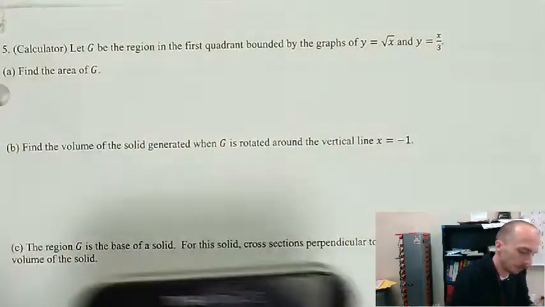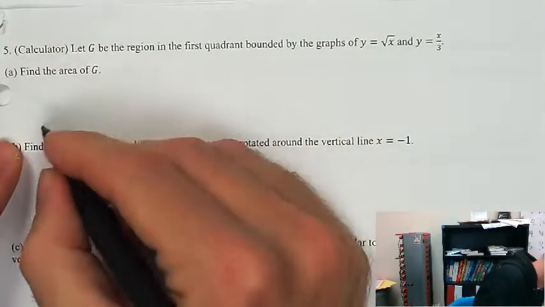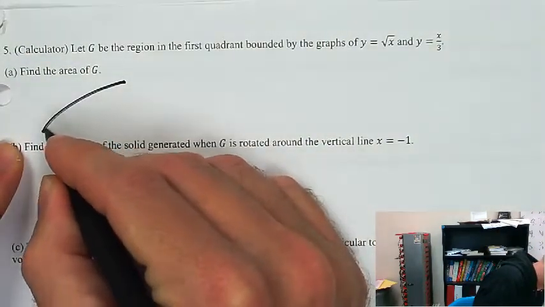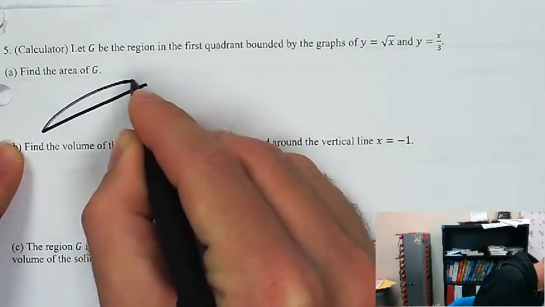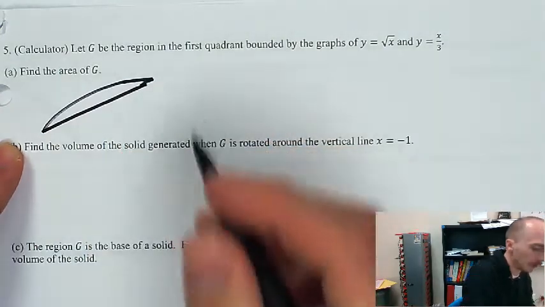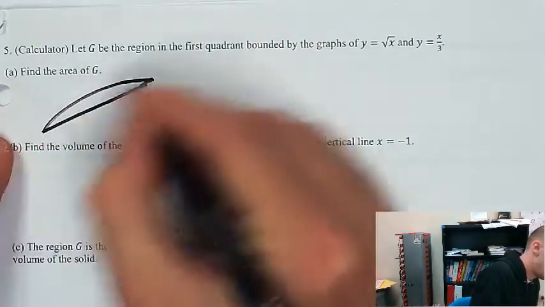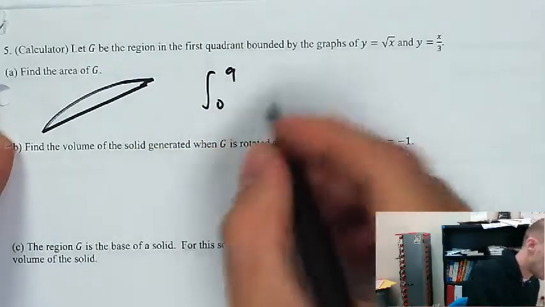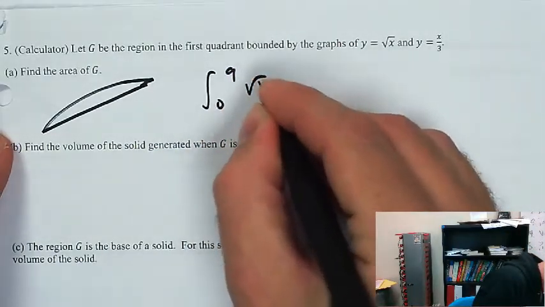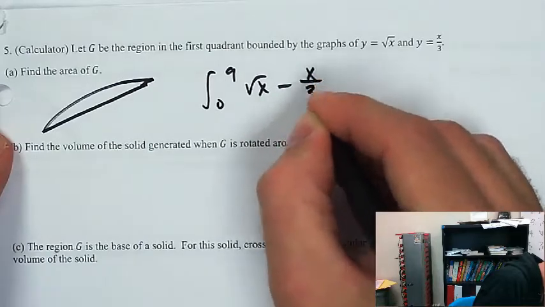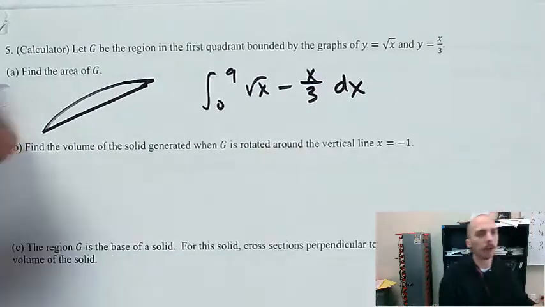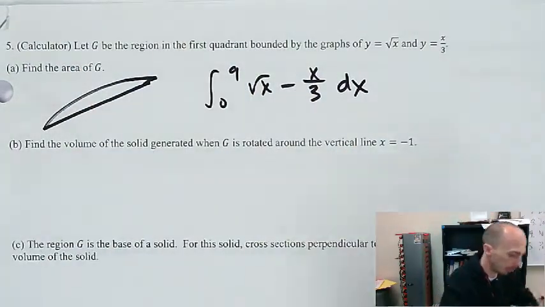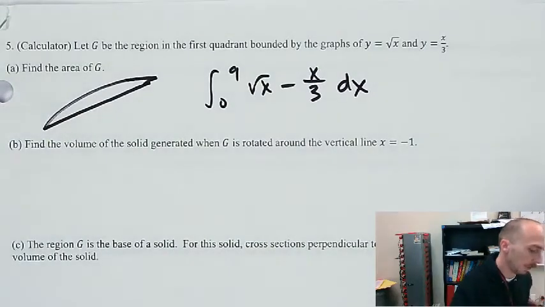Okay, so finding the area of G, so like that, x equals 0, x equals 9, so I'm going to integrate from 0 to 9 on top minus bottom. Top is y equals square root x, bottom is x over 3. That's a job for the calculator. You're allowed to use it. I trust y'all to do that accurately.